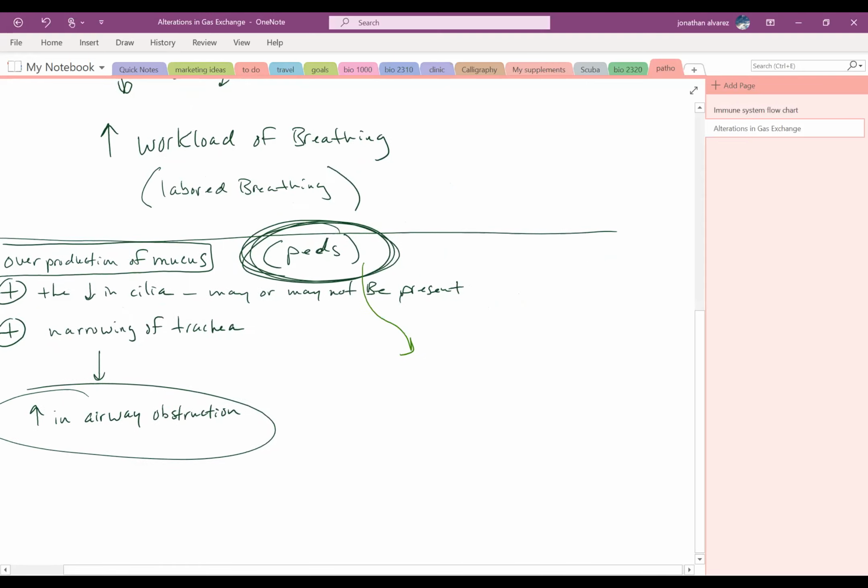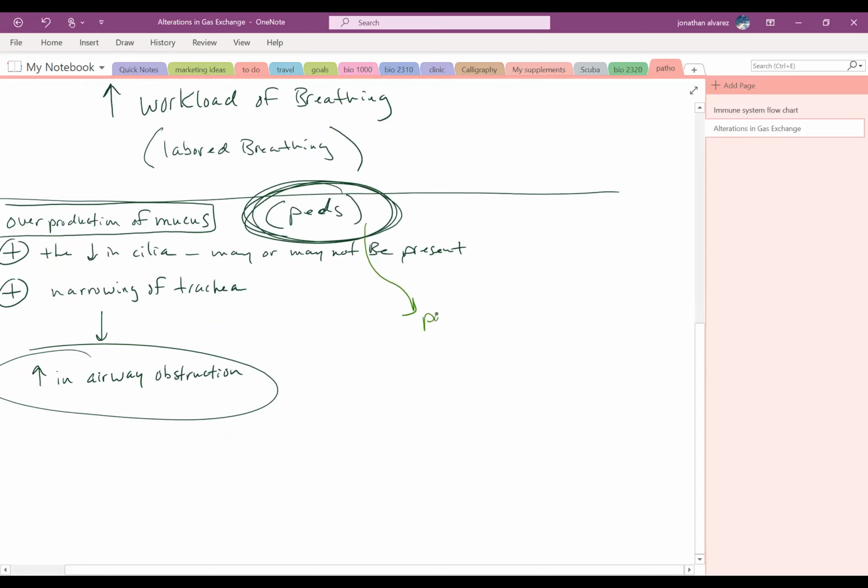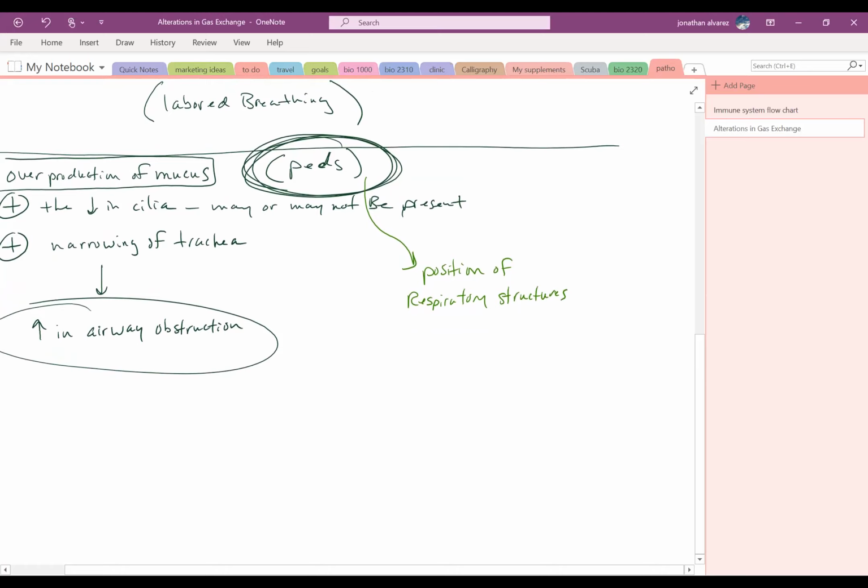The actual position of the respiratory structures, okay, so they could have an increase in the bifurcation of the trachea.